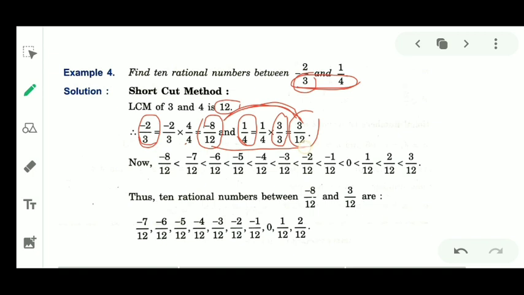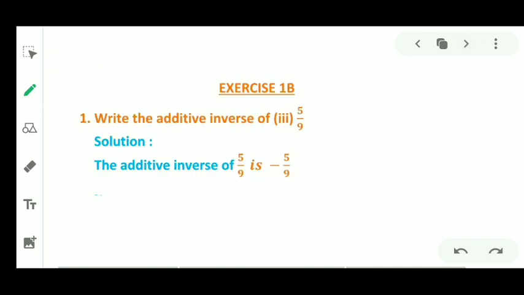So the 10 rational numbers between these two are -7/12, -6/12, -5/12, -4/12, -3/12, -2/12, -1/12, 0, then 1/12, then another one is 2/12. So these are the 10 rational numbers between -2/3 and 1/4.